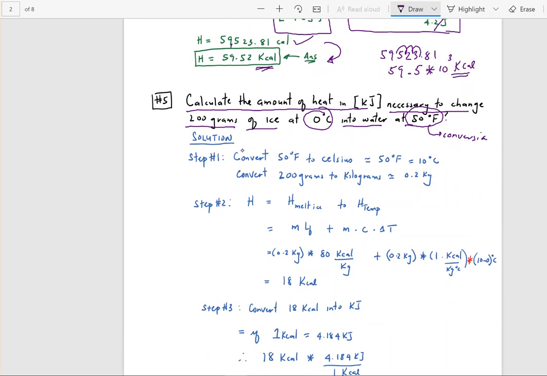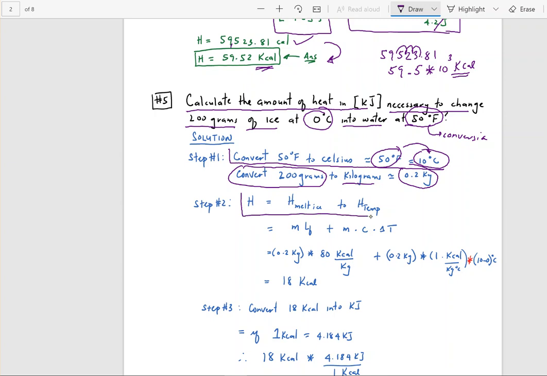The first step is to convert your 50 degrees Fahrenheit to Celsius, which is 10 degrees Celsius. The second is to convert your 200 grams to kilograms, which is 0.2 kilograms. This just makes your transition a lot easier.